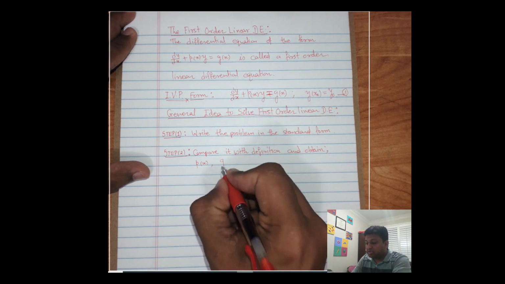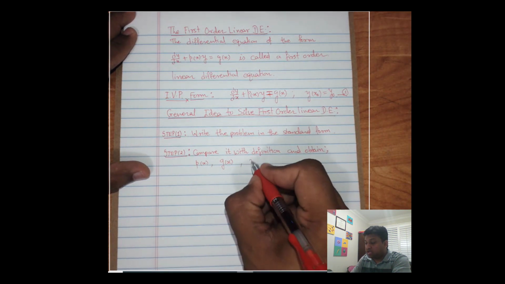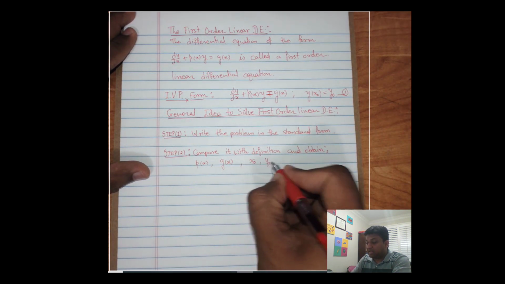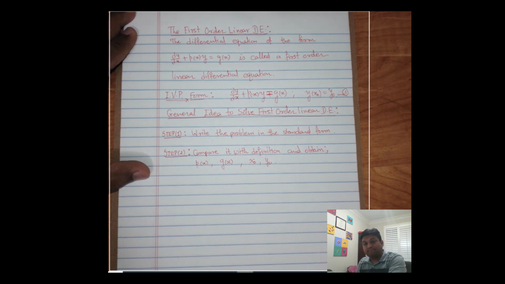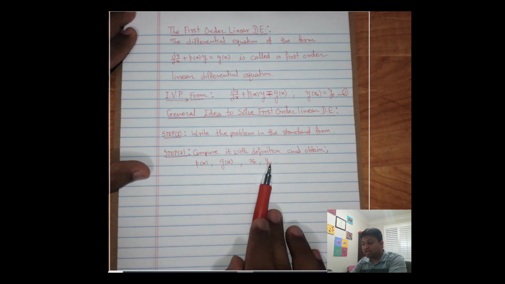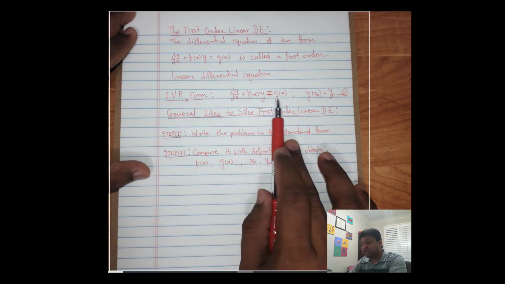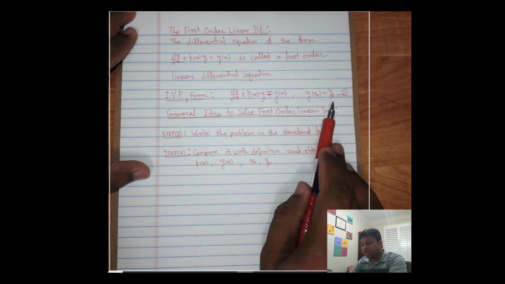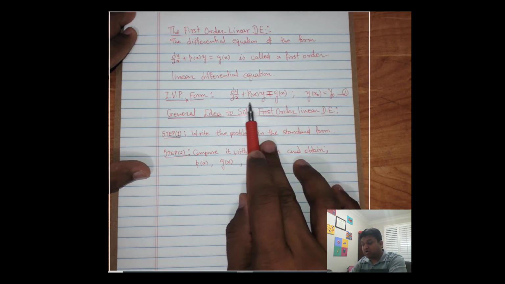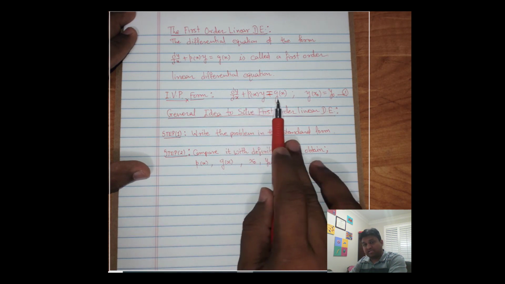The right side function g of x, initial x value and initial y value. So once you write your problem in the standard form, compare it with the definition and extract this information: p of x, g of x, x naught, y naught. As I said, I will call p of x the coefficient function, and g of x I'll call the right side function.